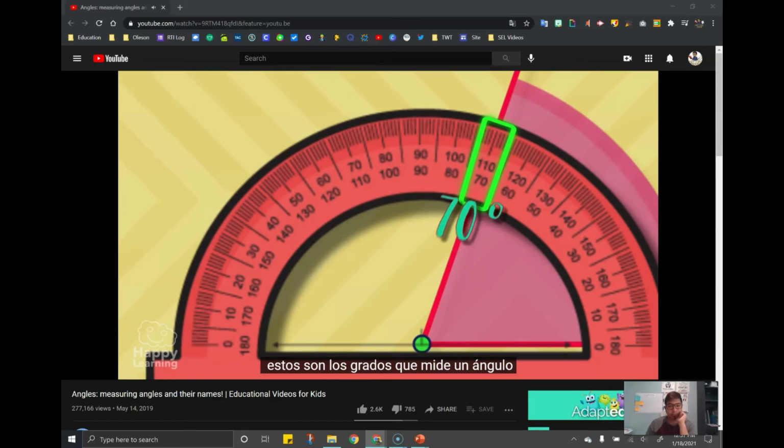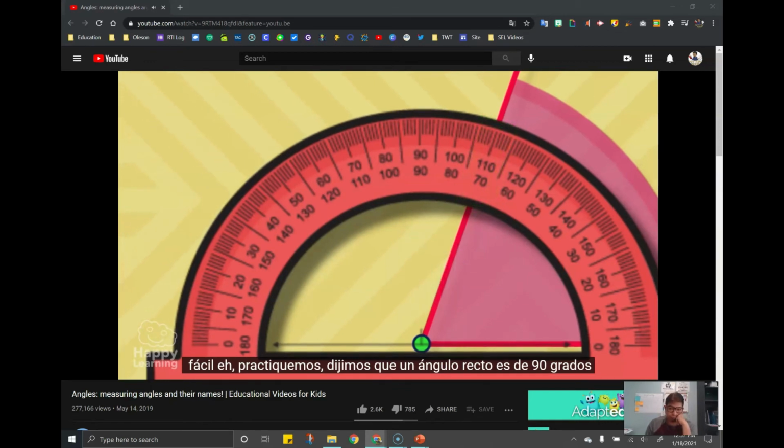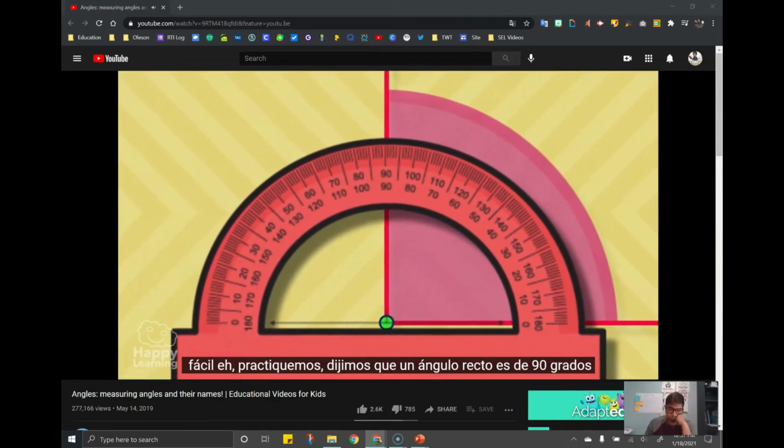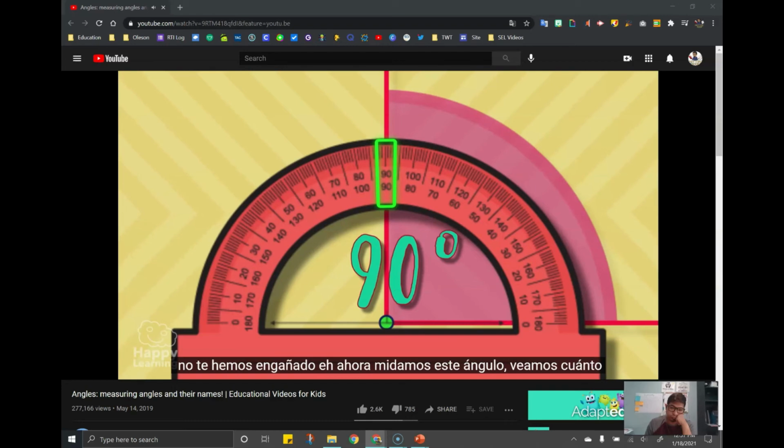These are the degrees that an angle measures. Easy peasy, huh? Let's practice. We said that a right angle is 90 degrees. Let's see. We'll get the protractor and indeed, a right angle is 90 degrees. We haven't fooled you, huh?